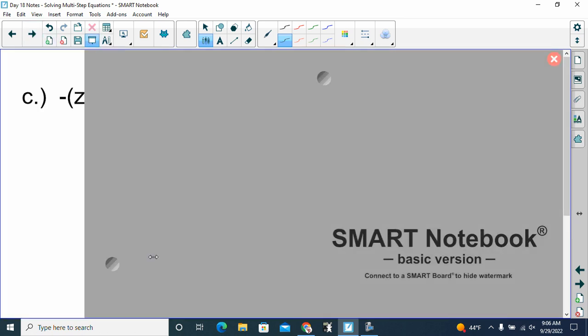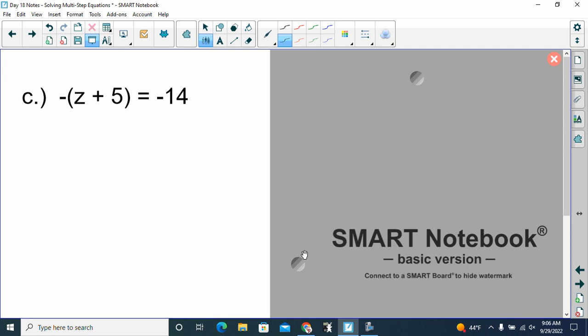Part C says negative, parenthesis, z plus 5 equals negative 14. The opposite of the quantity z plus 5 equals negative 14. We do have parentheses.